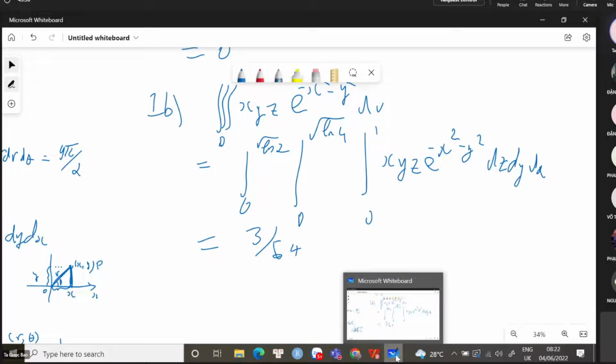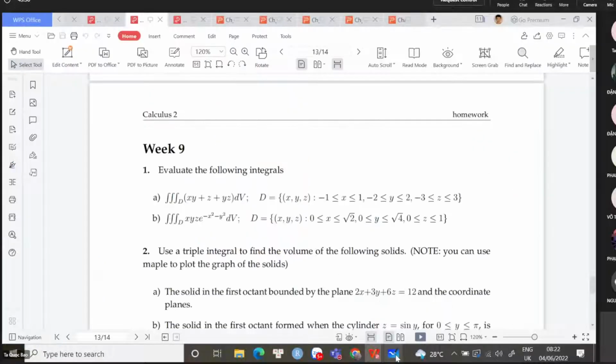Problem number 2 says to use the triple integral to find the volume of the following solid. Okay, so if you want, you can use Mapple to plot the graph of the solid.